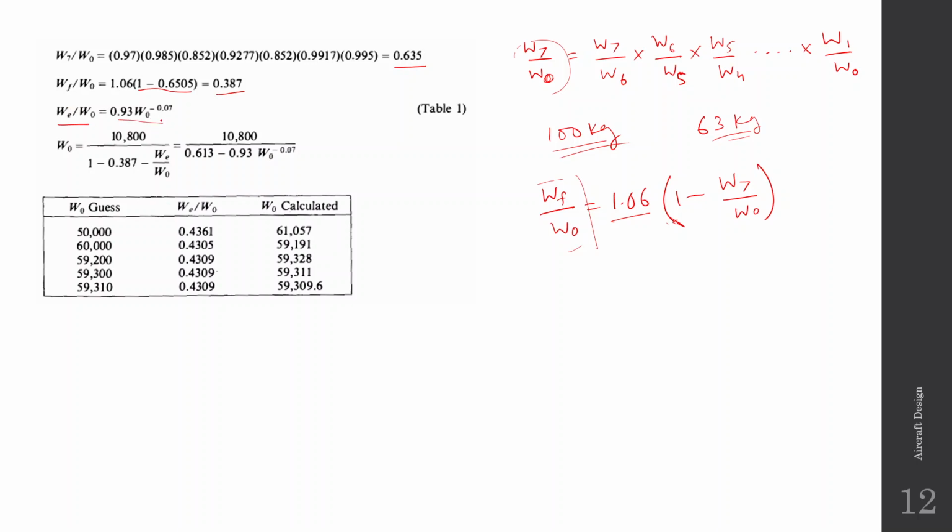This relationship has been taken from historical data. You can see here that KVS has been taken as 1 and A is 0.93.